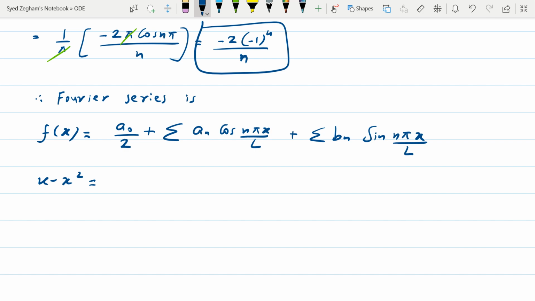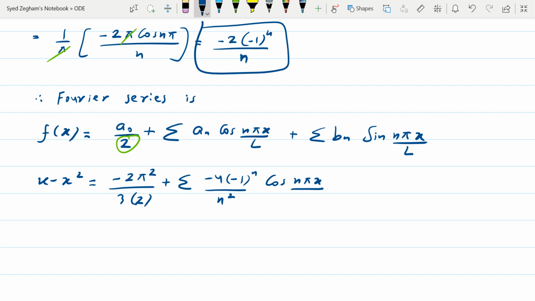We have evaluated a naught as minus 2 pi square by 3, and we have to divide by 2, so 2 will appear in the denominator, plus summation a_n. a_n we have calculated as minus 4 times minus 1 power n divided by n square, with cosine n pi x divided by L, that is again pi, plus summation b_n. b_n we have calculated as minus 2 times minus 1 power n divided by n, with a sine n pi x divided by L, which is again pi.